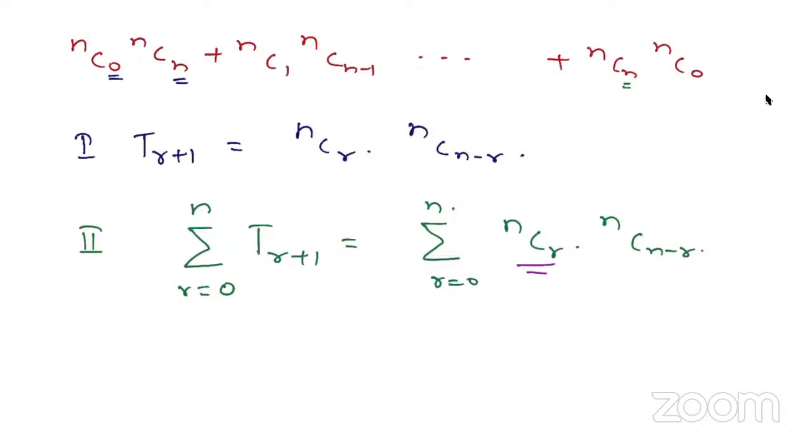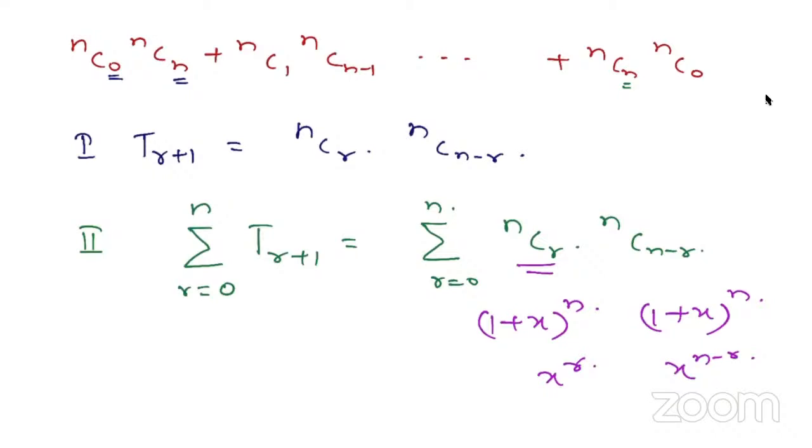See, nCr, we know that this is, in the expansion of (1 plus x) to the power n, the coefficient of x to the power r. And again nC(n minus r), in the expansion of (1 plus x) to the power n, is the coefficient of x to the power n minus r.